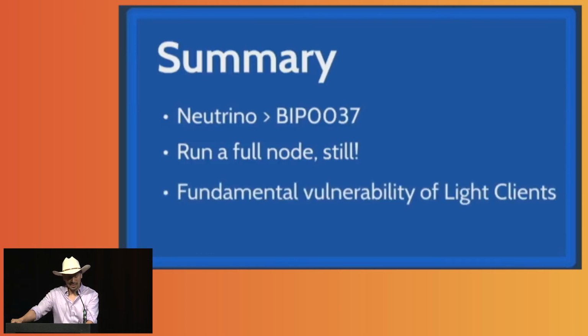And the final point that I want to make is that light clients have that fundamental vulnerability, right? Which is that they can't check all of the consensus rules. And this does open us up to some level of attack, kind of like what Bitcoin 2x was supposed to be, which is that all of these servers sort of go in a different direction, and you have no idea which consensus rules they are following.